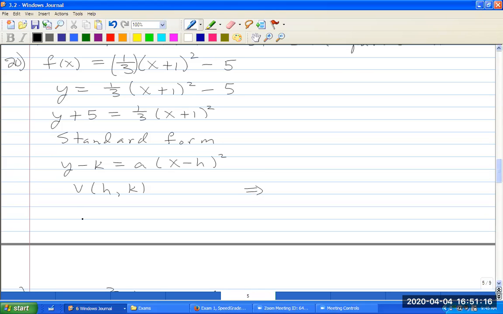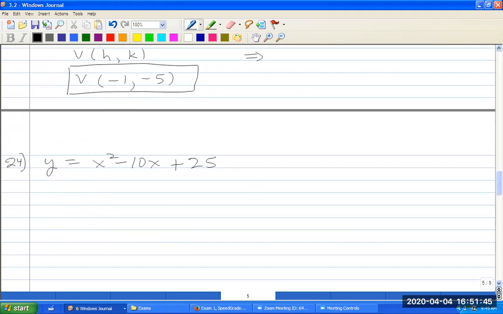So therefore, the vertex here is whatever I'm subtracting from x. Well, this is a plus 1, so therefore the vertex is minus 1. And whatever I'm subtracting from y, well, again, it's a plus 5, so this will be a minus 5. So my vertex is at the point (-1, -5).